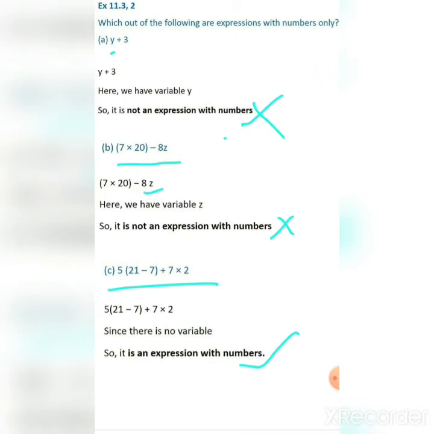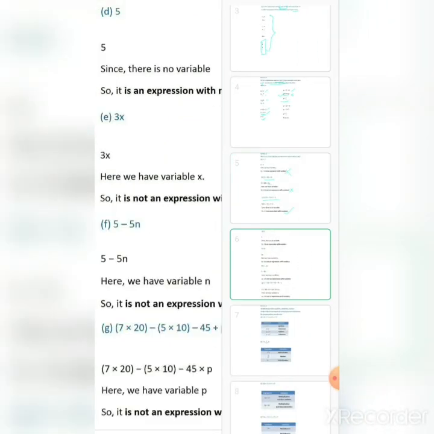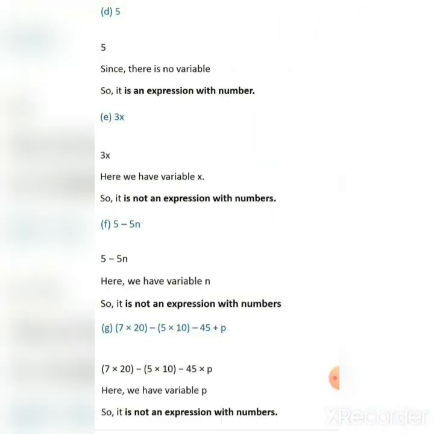Next, let's see, few more are there. D, which is having only one digit 5. There is no variable. So this is an expression with numbers only. Next is 3x. 3x means it is having the variable x.